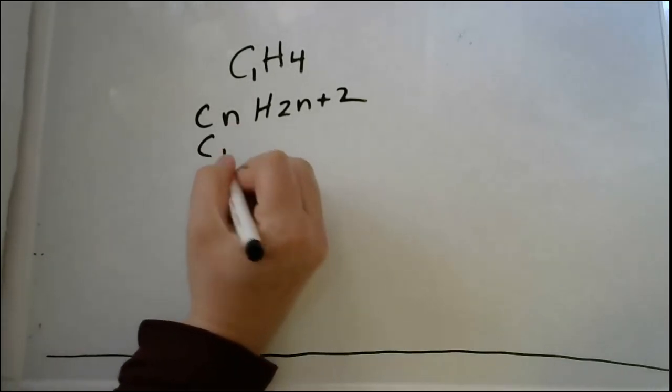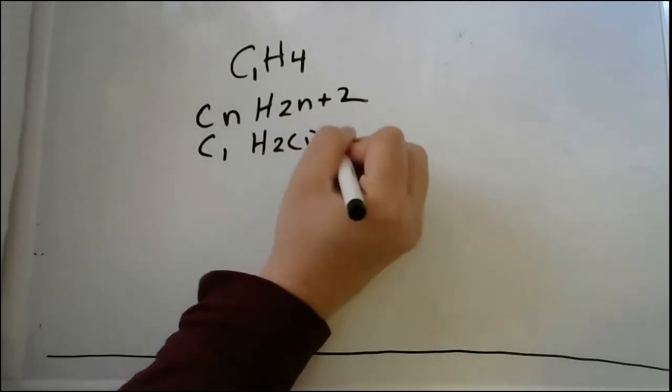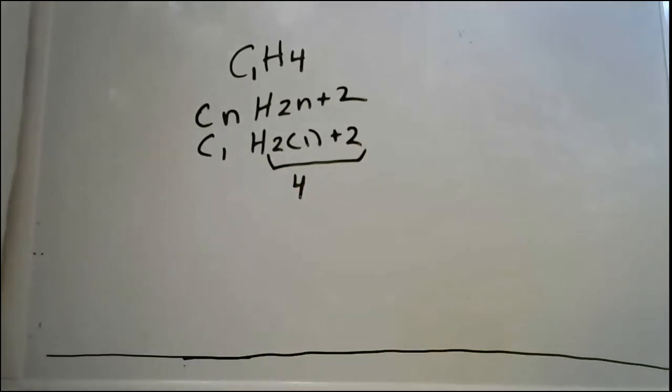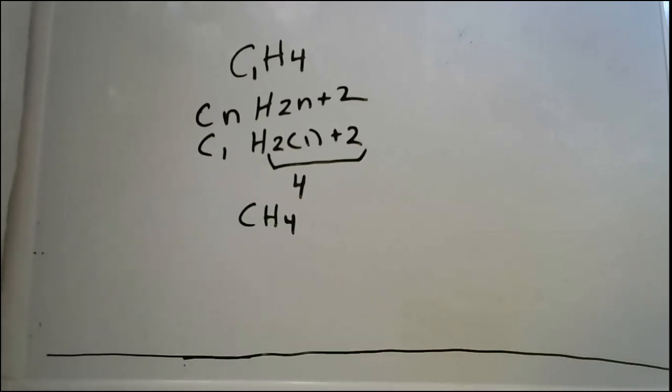Carbon 1, H 2 times 1 plus 2. That equals 4. So the formula for my hydrocarbon is CH4. Okay, so every alkane will have the same kind of relationship between the carbon and the hydrogen, that 2n plus 2.